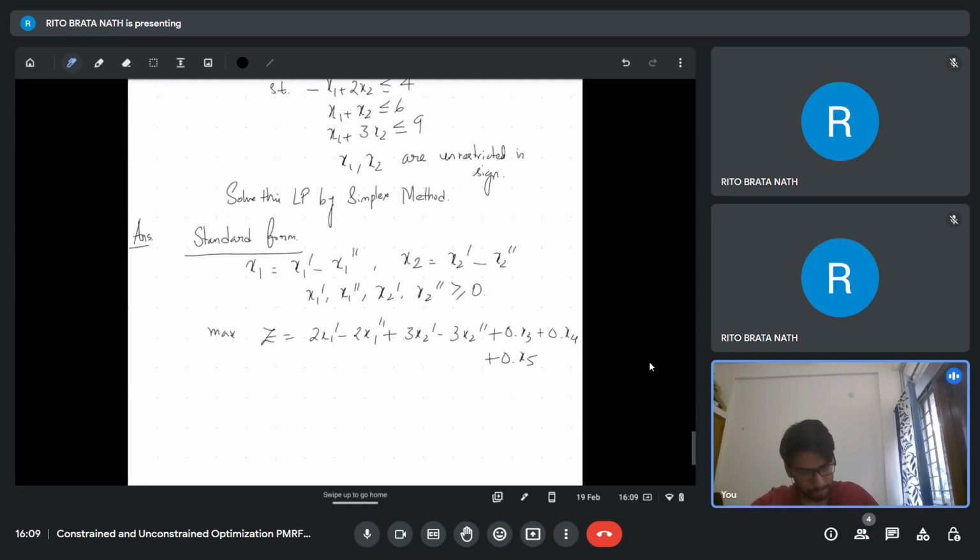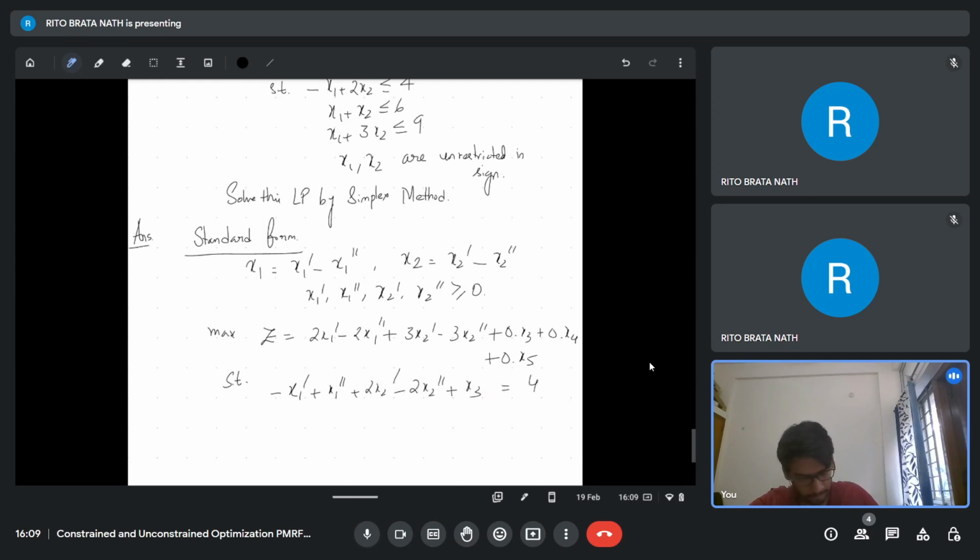Next one is subject to minus x1 prime plus x1 double prime plus 2x2 prime minus 2x2 double prime plus x3 equals 4.